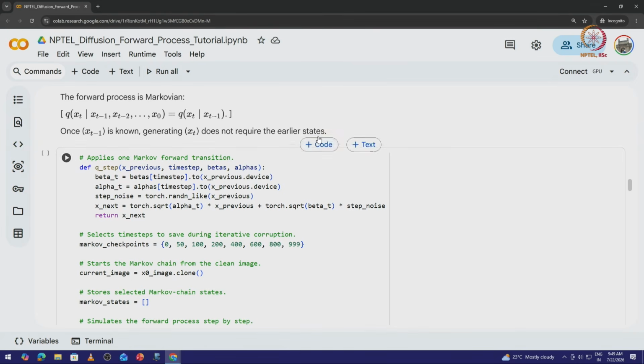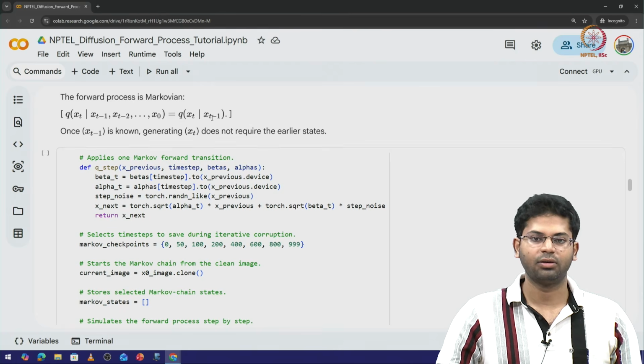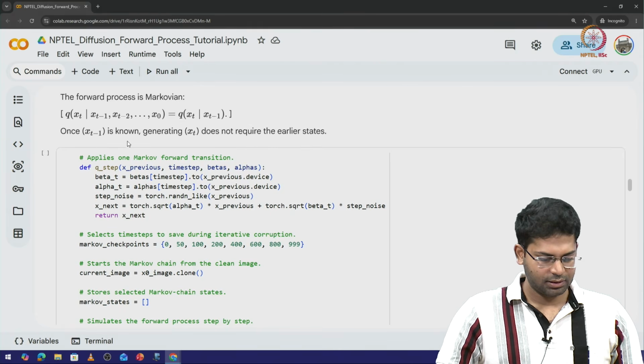Just to define mathematically, the marginal distribution of xt given xt minus 1, xt minus 2 till x0, is nothing but q of xt given xt minus 1. So, given xt minus 1, to get the distribution of xt, you do not need xt minus 2 till x0 anymore. Once xt minus 1 is known, you can get the distribution of xt.